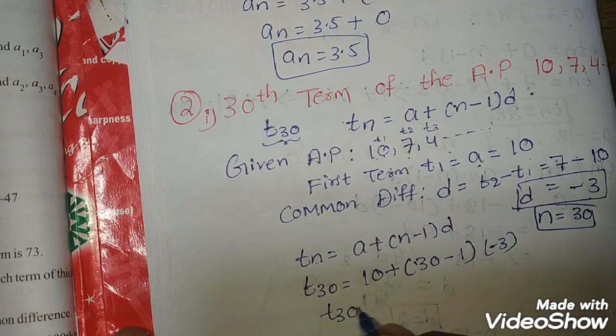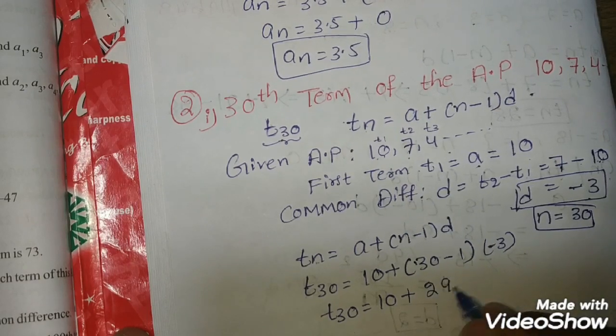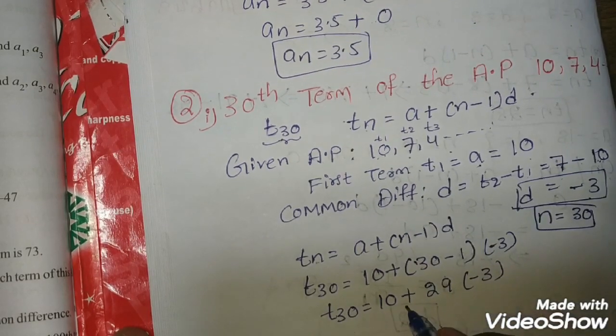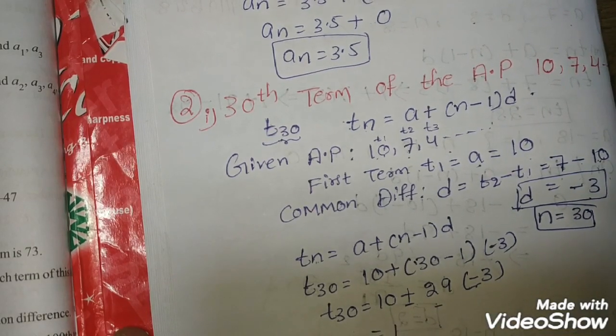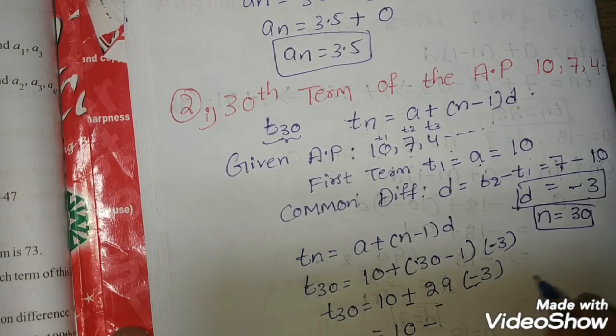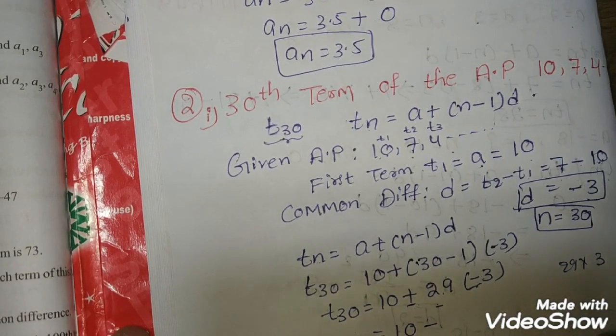So T30 is equal to 10 plus, 30 minus 1, it is 29 into minus 3. See, plus into minus is minus. So 10 minus 29 into 3 we need. What is 29 into 3?